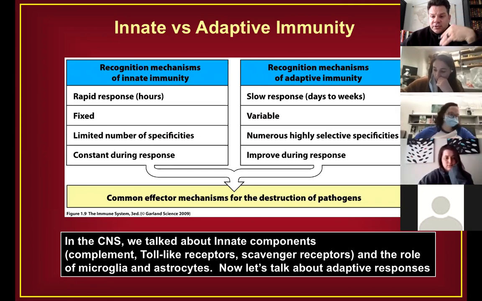And what happens is this very specific response improves during an immune response and helps you clear the infection. But remember, the innate and the adaptive work in concert to clear infections, and I've shown you those graphs before. So we've talked about this innate system: complement, toll, scavengers, really kind of microglia and astrocytes. Now we have to talk about where these adaptive responses come from.